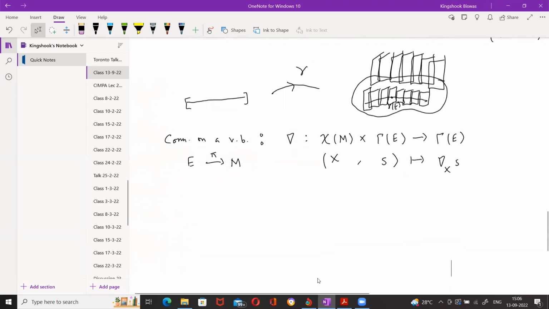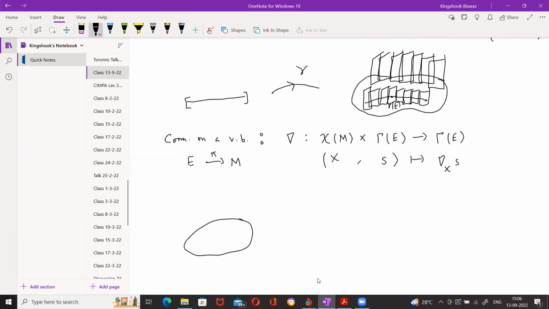So this is your manifold, and this is a point P, and you take a curve, and here are the fibers of the vector bundle.